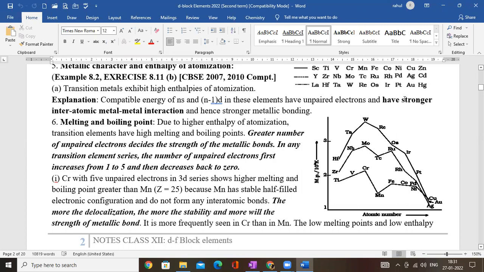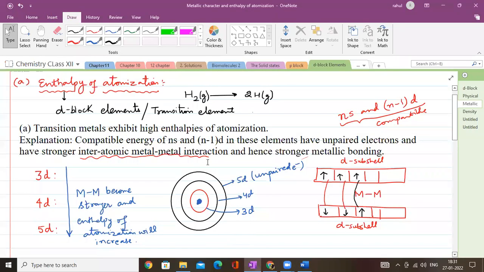And I have already done that there is a stronger interatomic metal-metal interaction. इसका मतलब डी ऑर्बिटल्स में बहुत स्ट्रॉन्गर मेटल मेटल बॉन्ड बनेगा या इंटर एटॉमिक बॉन्ड बनेगा, और इस वजह से दे हैव अ वेरी हाई इंथैल्पी ऑफ एटोमाइजेशन. So transition elements have a higher enthalpy of atomization because of stronger interatomic metal-metal interaction or stronger metallic bond. That's it. This is more than enough.